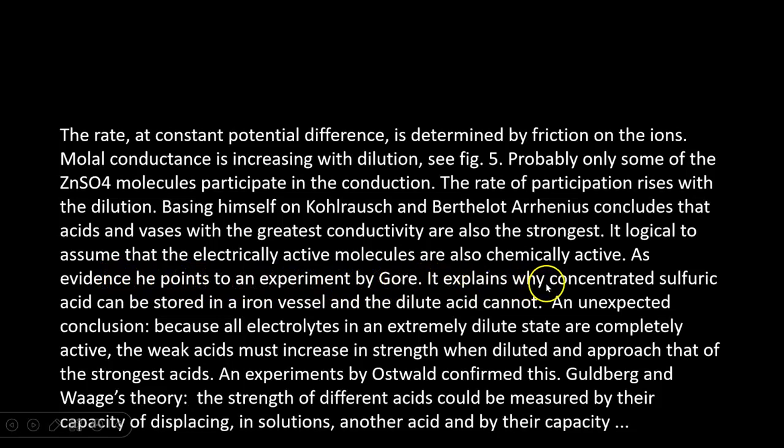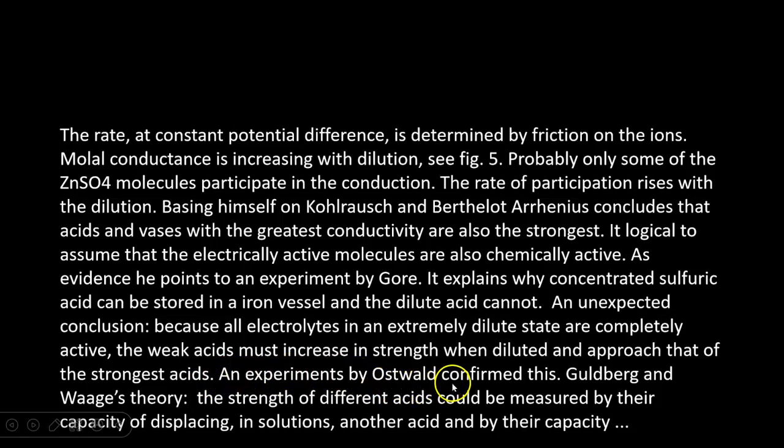It explains why concentrated sulfuric acid can be stored in an iron vessel and the diluted acid cannot. An unexpected conclusion: because all electrolytes in an extremely diluted state are completely active, the weak acids must increase in strength when diluted and approach that of the strongest acid. That's what you can call unexpected.